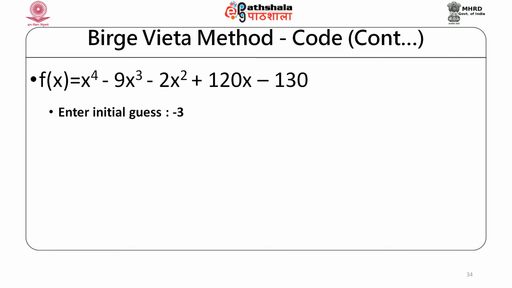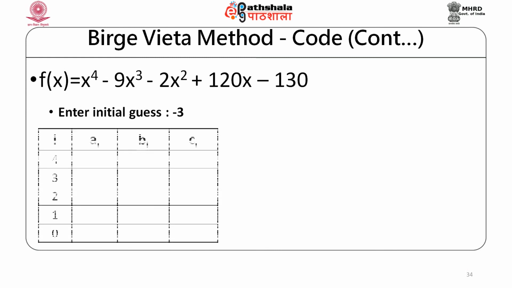Let us take the polynomial x raised to 4 minus 9 x cube minus 2 x square plus 120 x minus 130. As we have done in the earlier methods, we can see that the root lies between minus 3 and minus 4, so let us make the initial guess as minus 3.